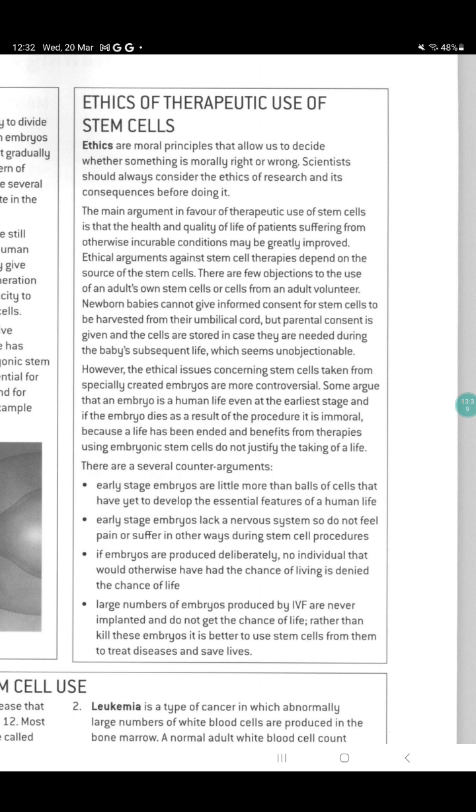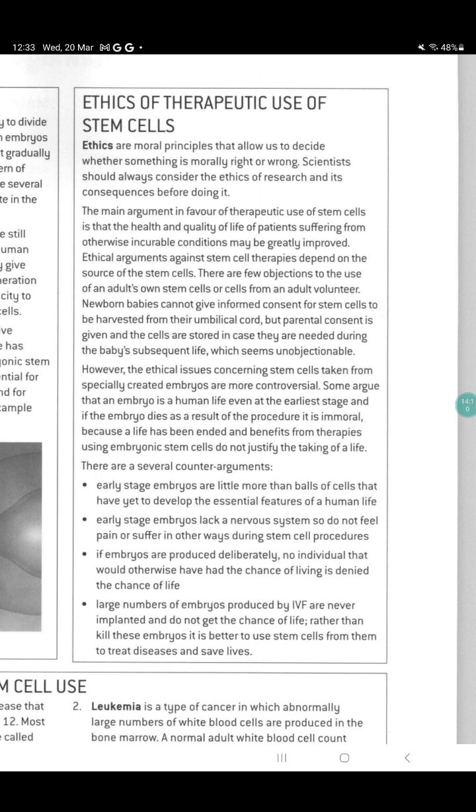The argument has both sides, some people are in favor, some are not. Some say that it is healthy and the quality of life of the person can be improved, whereas some say that stem cell therapy depends on the source of the stem cells, and a few have objections, like newborn babies cannot give informed consent for stem cells to be harvested from their umbilical cord.